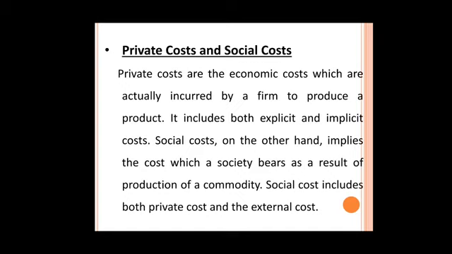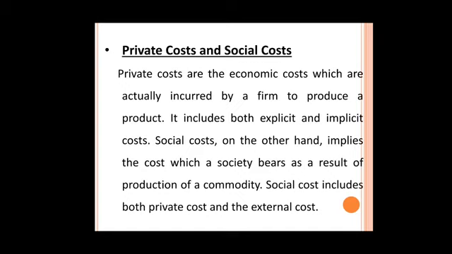Or simply, private costs are the economic costs which are actually incurred by a firm to produce a product. They include both explicit and implicit costs. It is these private costs that the firm takes into account while making decisions regarding price and output of the commodity that it produces.